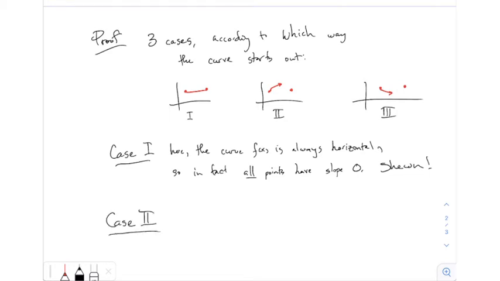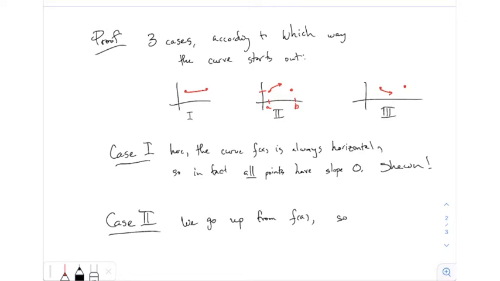All right, in this case, the curve goes up from the left side. Remember these points, this point right here, this would be A to B, right? So in this case, we go up from f of A. So one thing I can say about that is that f of A is not the absolute maximum of this function, right?